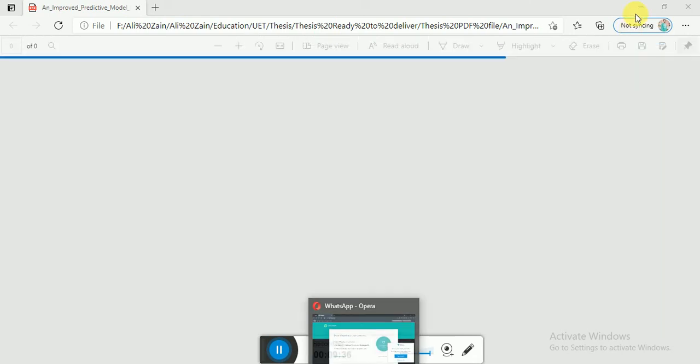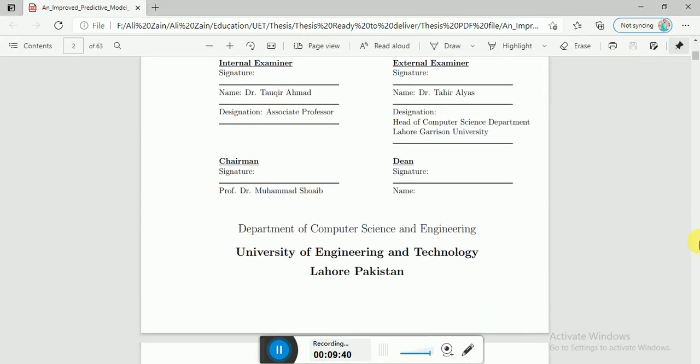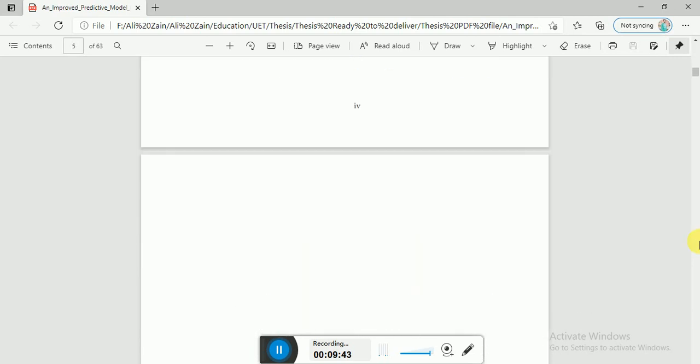It takes time to open the PDF file. Yeah, it's open now. Here you can see the complete thesis.